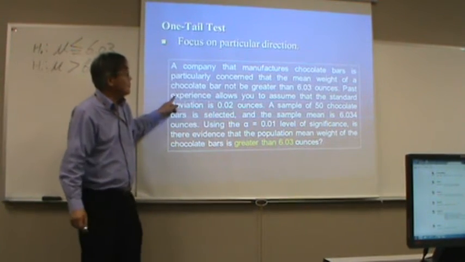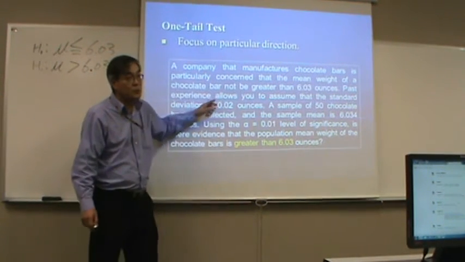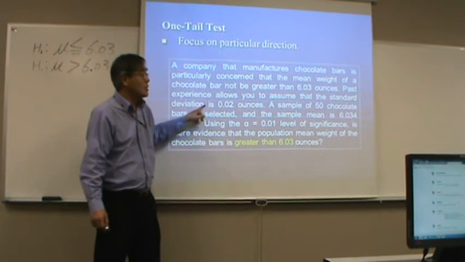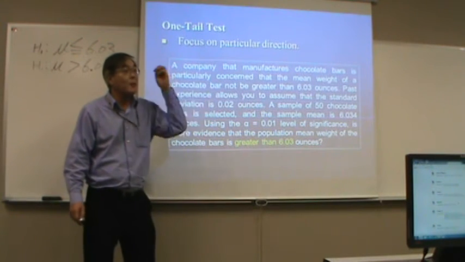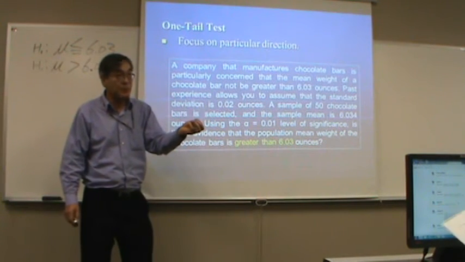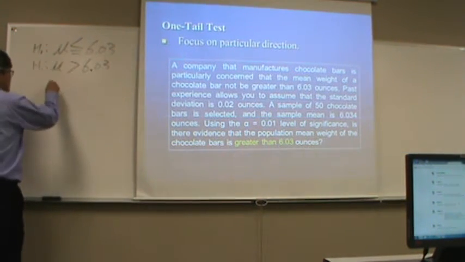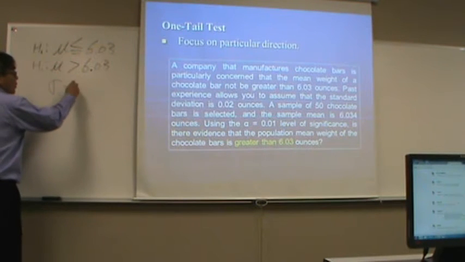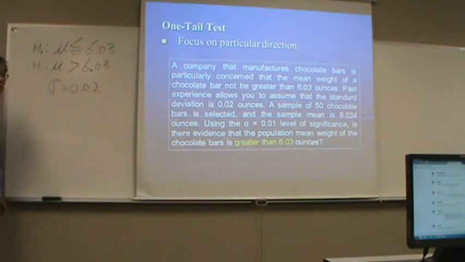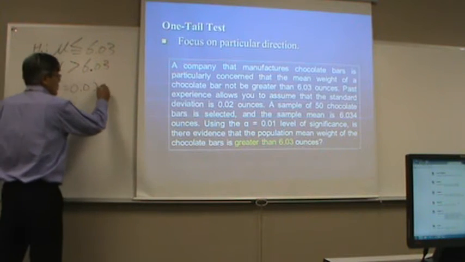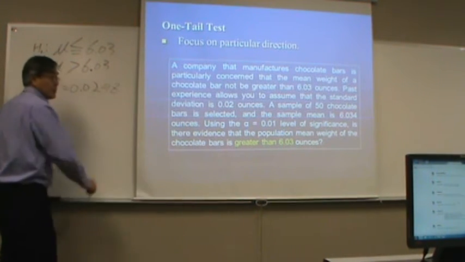It says past experience allows, so this standard deviation from past experience is the population standard deviation, 0.02, given. Known population standard deviation. So it is what test? Z, right? Normal distribution, Z test.